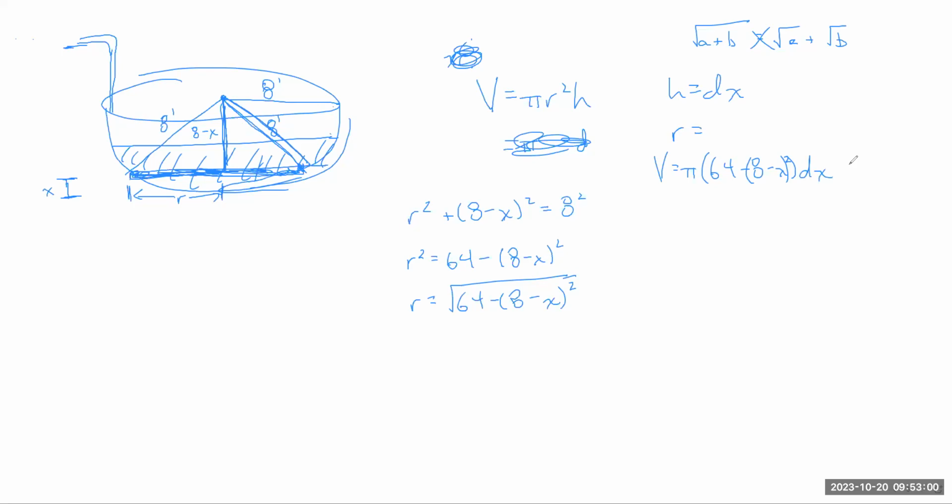Now that I have that volume, what can I do? I can multiply it by the density of the water, right? What is the density of water under our circumstances? 62.5 pounds per cubic foot. I don't know if it's on the test, but I don't care to have you memorize that. So now that I have the density and the volume, what does that allow me to do?